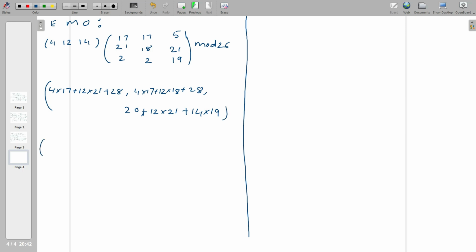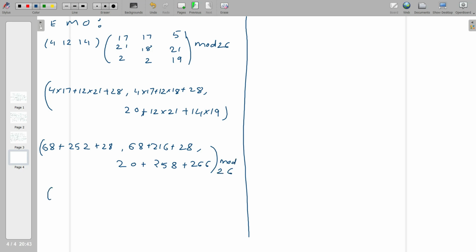So 4 into 17 is 68 plus 12 into 21, which comes out to be 252, plus 28. Then 4 into 17 is 68, 12 into 18 is 216, plus 28, and the last one is 20 plus 12 into 21 is 252, plus 14 into 19 is 266, and it is mod 26.